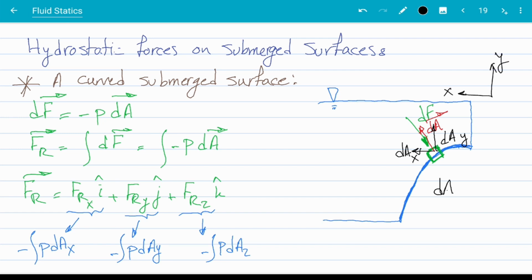So dAy is actually the projection of area on the y-axis. The same logic, dAx is the projection of area on the x-axis. Now let's see how these projections can help us make these integrals.